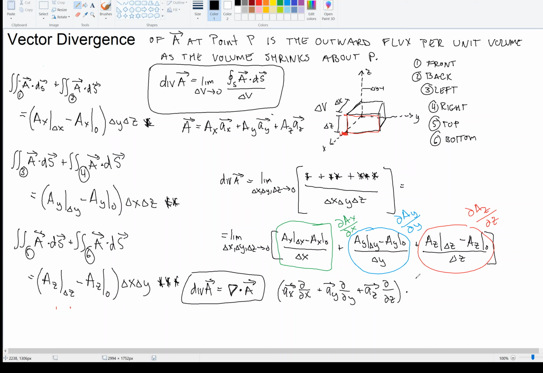And then when you dot it with A, and A we're saying is right here, so it's got an x component, it's got a y component, right? It's got a z component.